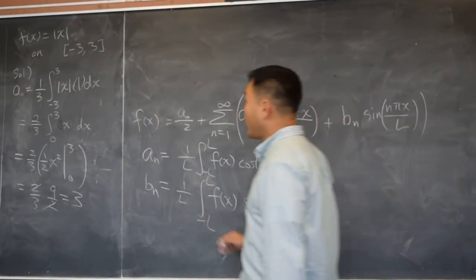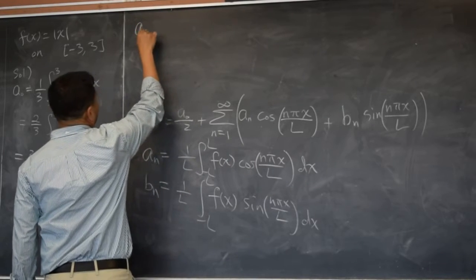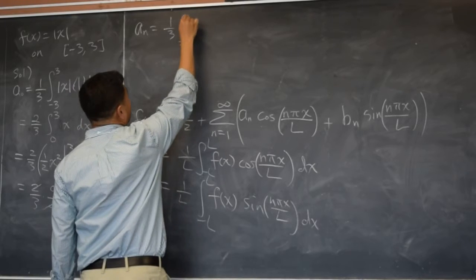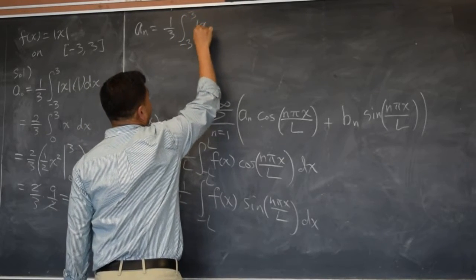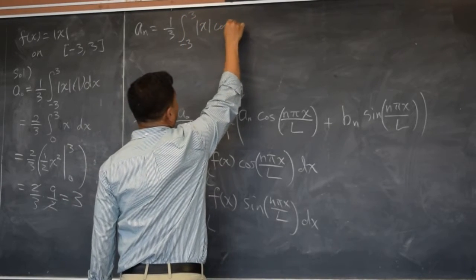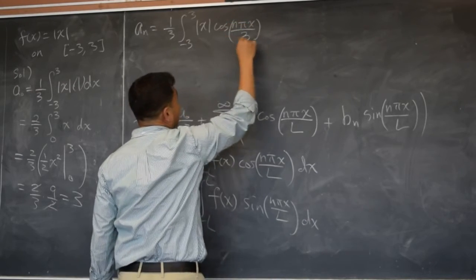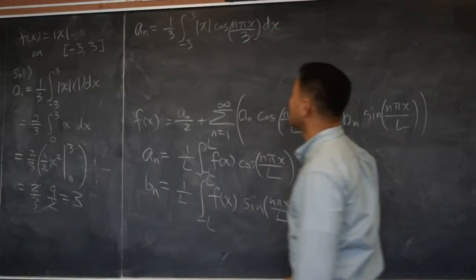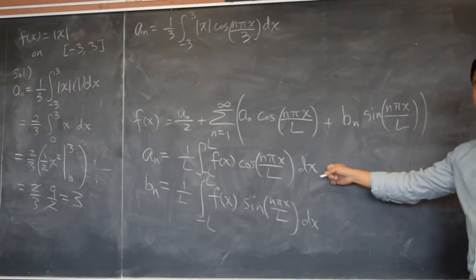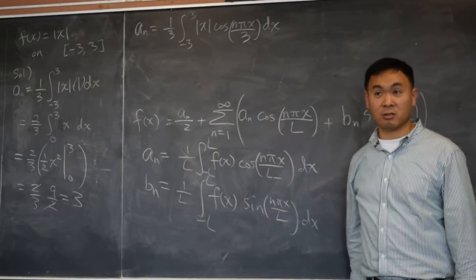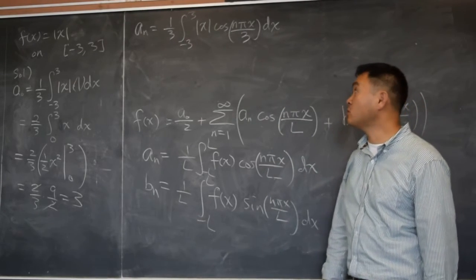Okay, now let's try AN. 1 over 3, -3 to 3, absolute value of x, cosine n pi x over L, where L is 3. That's the integral I have to compute.